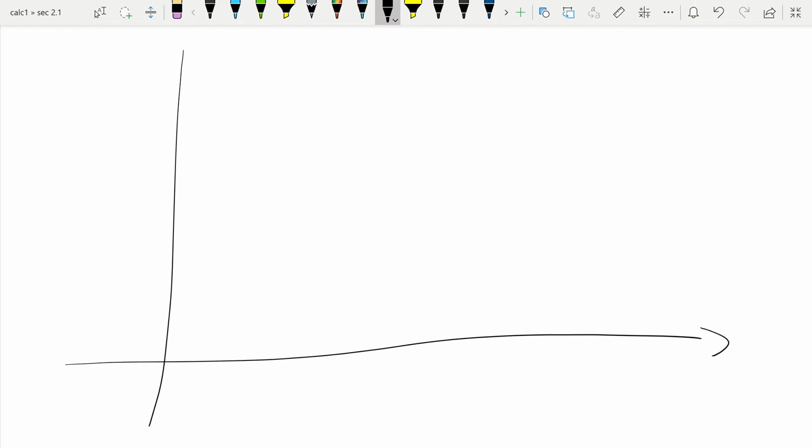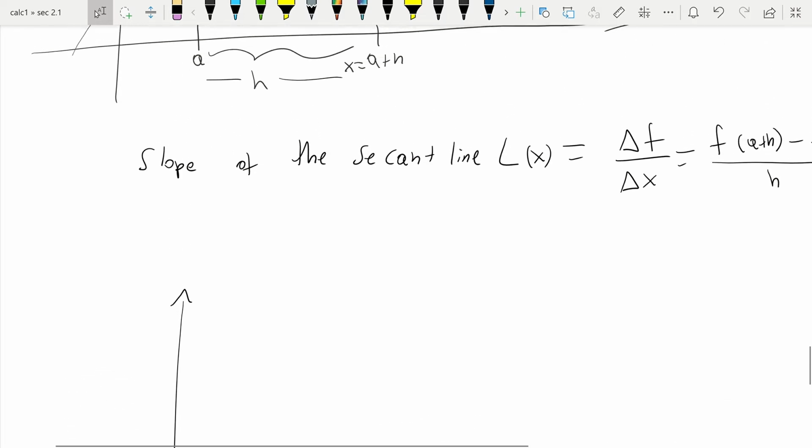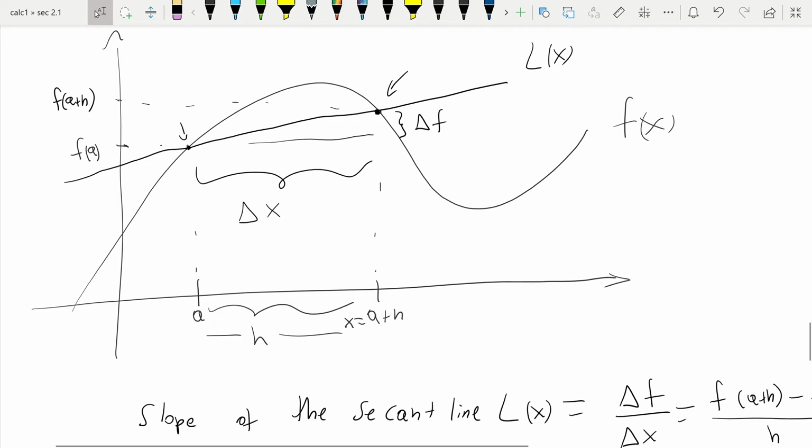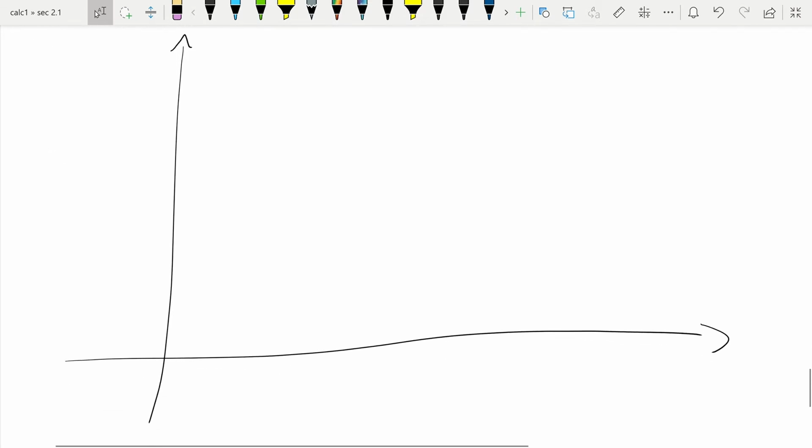So now we consider different values of h. So here we obtain one secant line, so we give ourselves a number h, we added it to a, and we obtain a secant line passing through 2 points on the graph, one corresponding to the point a, comma f of a, and another one corresponding to a plus h, comma f of a plus h.